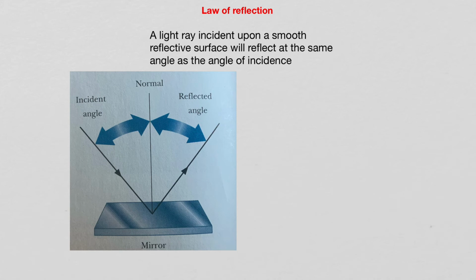So let's call the incident angle theta sub I, and let's call the reflected angle theta sub R. So theta sub I is the incident angle, and theta sub R is the reflected angle.